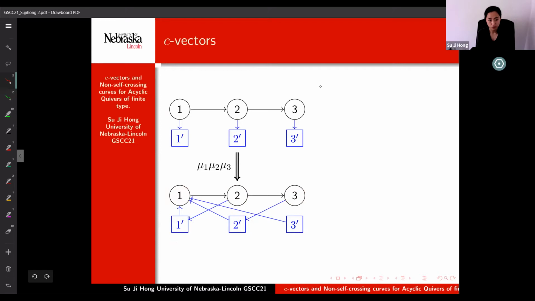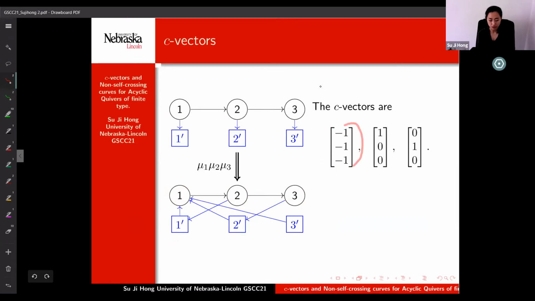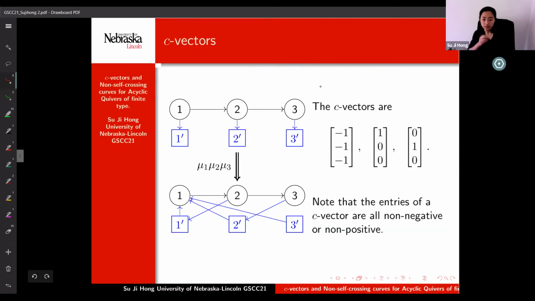We're going to record this in vector form. This is the vector that corresponds to the mutable vertex 1. You can see that there is one arrow from each of the frozen vertices to 1. What we can notice here is that all of these entries are either all non-negative or all non-positive.